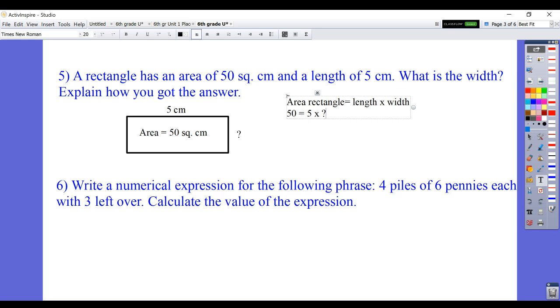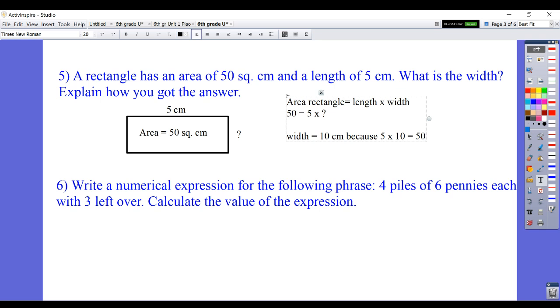So in other words, 5 times what value is going to equal 50? And that would be 10. So the width would equal 10 centimeters because 5 times 10 would equal 50. Or you could say, you know that the width is 10 centimeters because 50 divided by 5 equals 10.